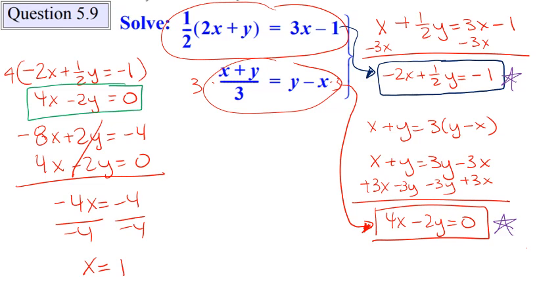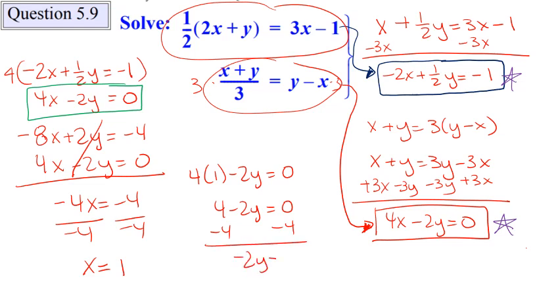So when I plug it in there, 4 minus 2y equals 0. Subtract 4 on both sides. Negative 2y equals negative 4. Oh, okay, I thought we were going to get a fraction. And so y equals 2. So all that became 1, 2 for our answer.